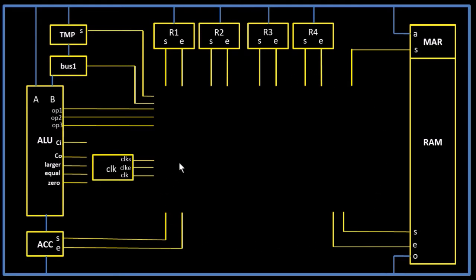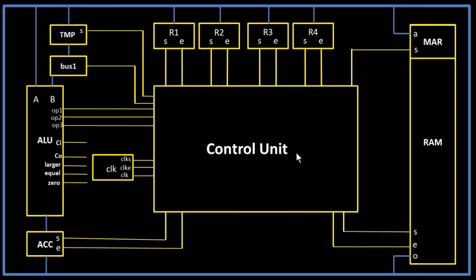And the answer to that is the control unit, and the control unit controls all of the timing for the sets and enables throughout the whole of the CPU. So this really is the beating heart of the CPU. So now we know all of the major blocks within our CPU. Let's go ahead and we'll see how they're built up within Logisim.